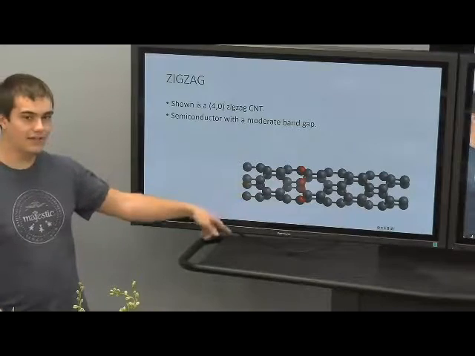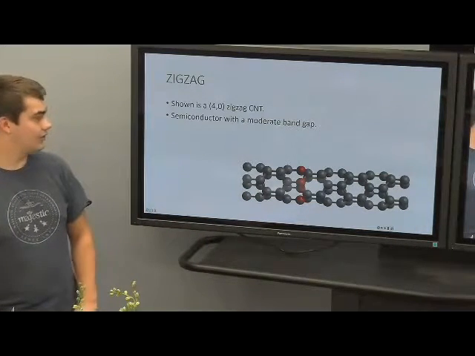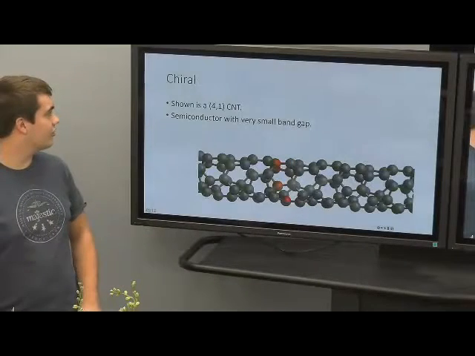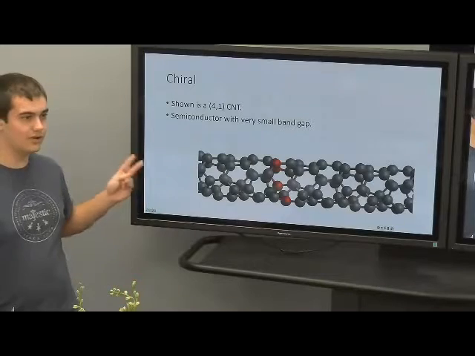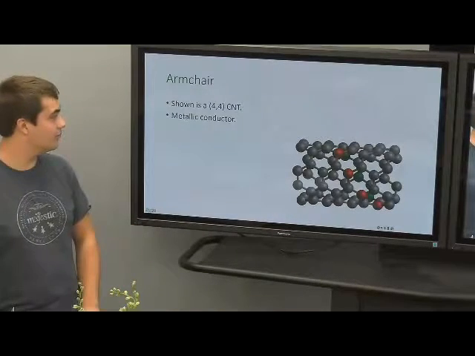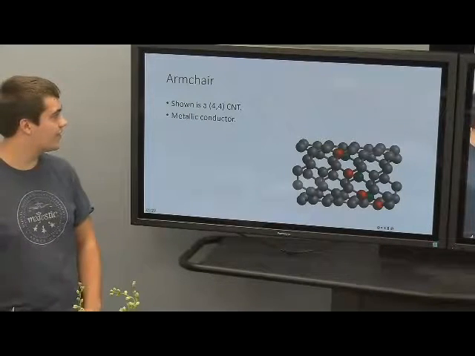So I've tried to highlight them in these pictures here so you can kind of get your mind around them. And we're going to be using zigzag, but there's also chiral vectors, where it's 2 unique numbers, and armchair, where both of the pair of vectors are the same.